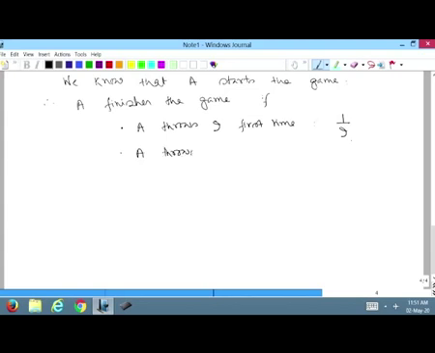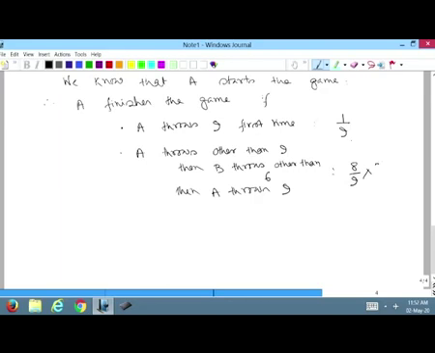Or, A throws other than 9, then B throws other than 6, and then A throws 9, and this probability is 8 by 9 into 31 upon 36 into 1 by 9.